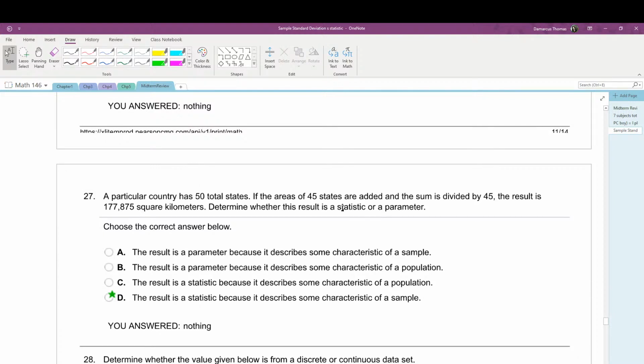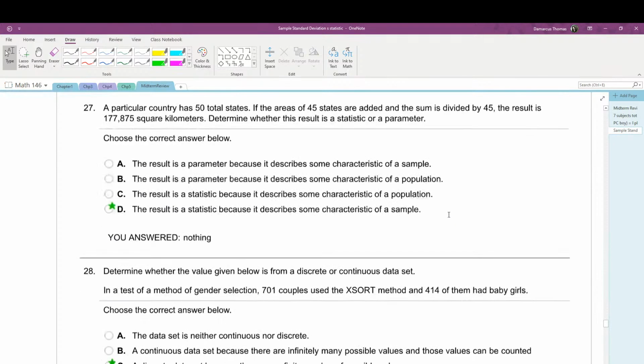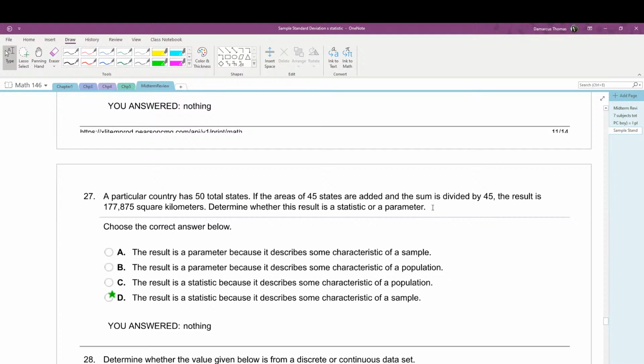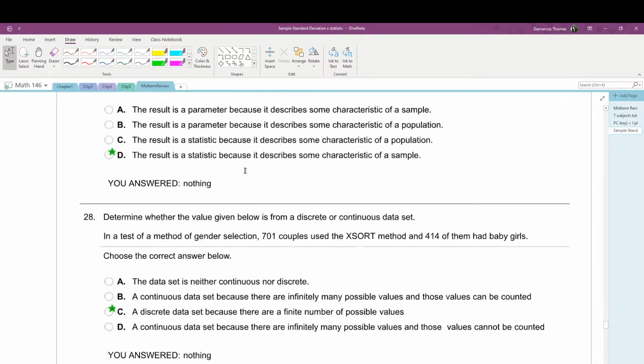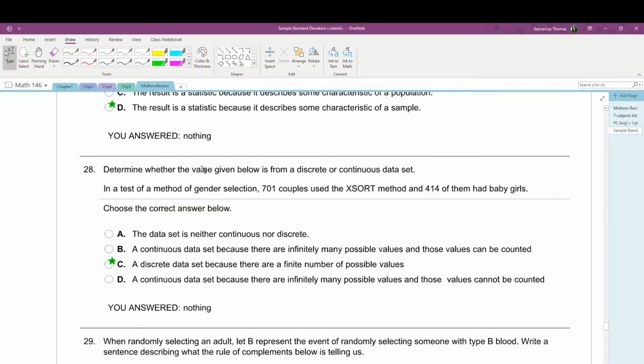Determine whether the result is a statistic or a parameter. All right, remember, a statistic comes from a sample, a parameter comes from a population. 28, determine whether the value below is a discrete or continuous data set.